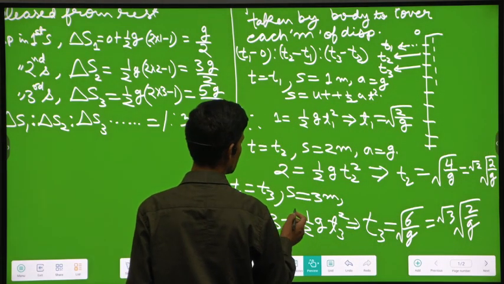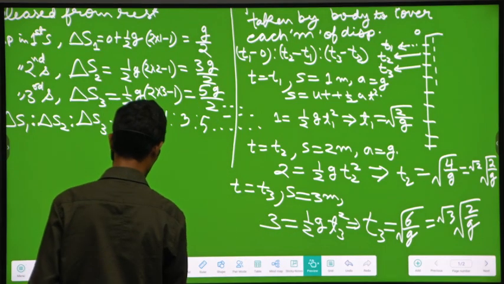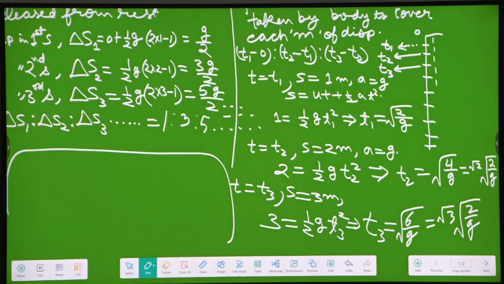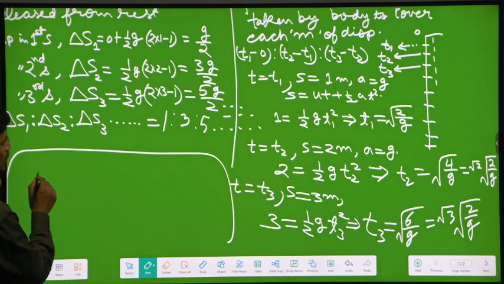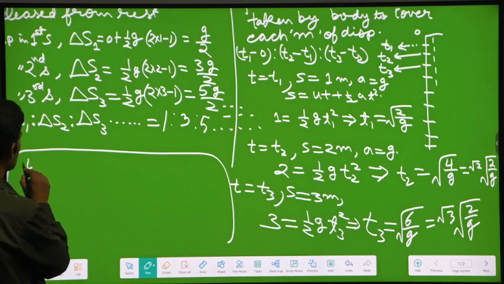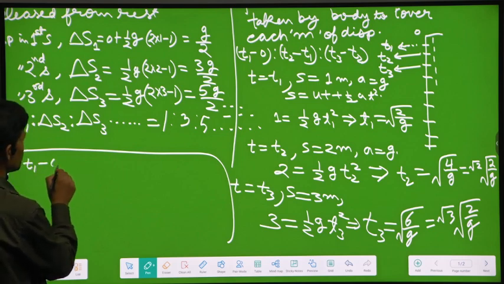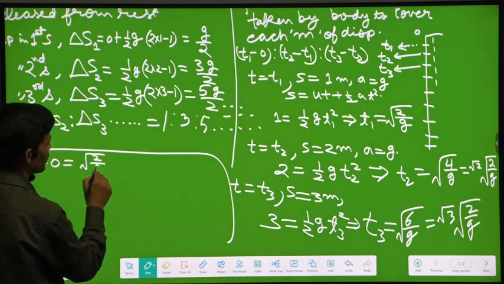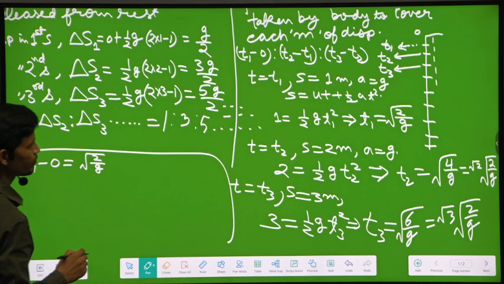The job is not done yet. I'm doing the rest of the part here because I want to see all these results. So for the first meter the time taken is t1 minus 0, that is root 2 by g.